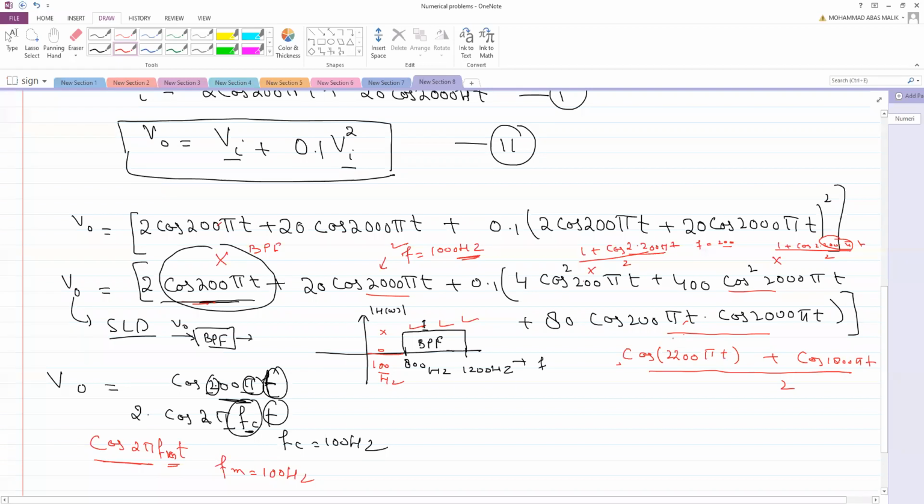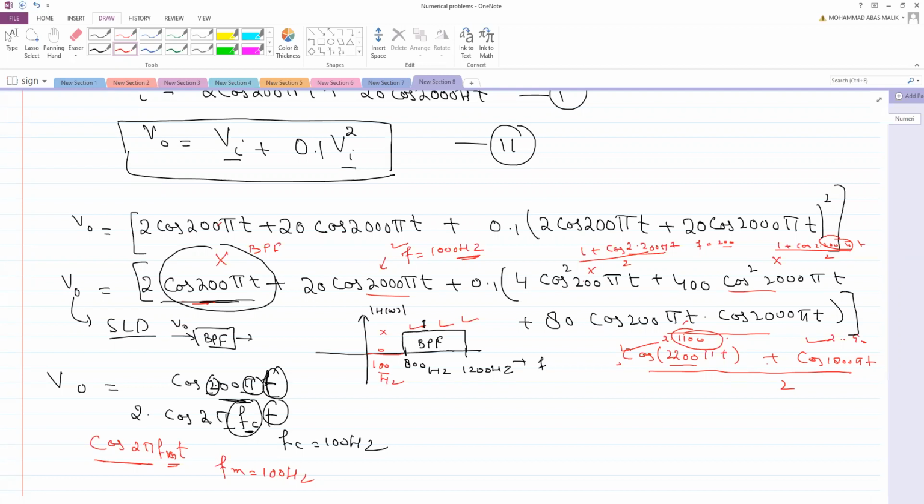In this case this is equal to 2 into 1100, right? 2 into 1100 is 2200, and 1100 will be the frequency here, and this signal will be passed. What about this? It will be 2 into 900, and this will also be passed. That means these two signals will be passed through your band pass filter, right?